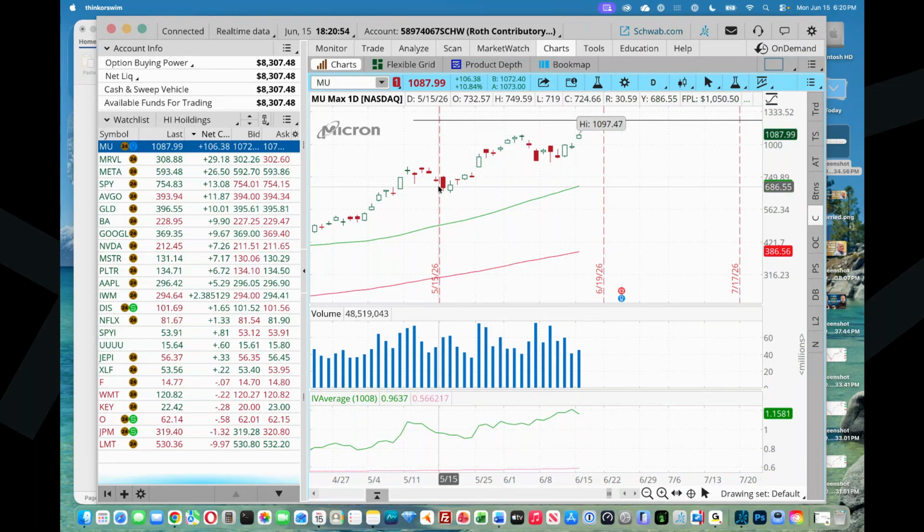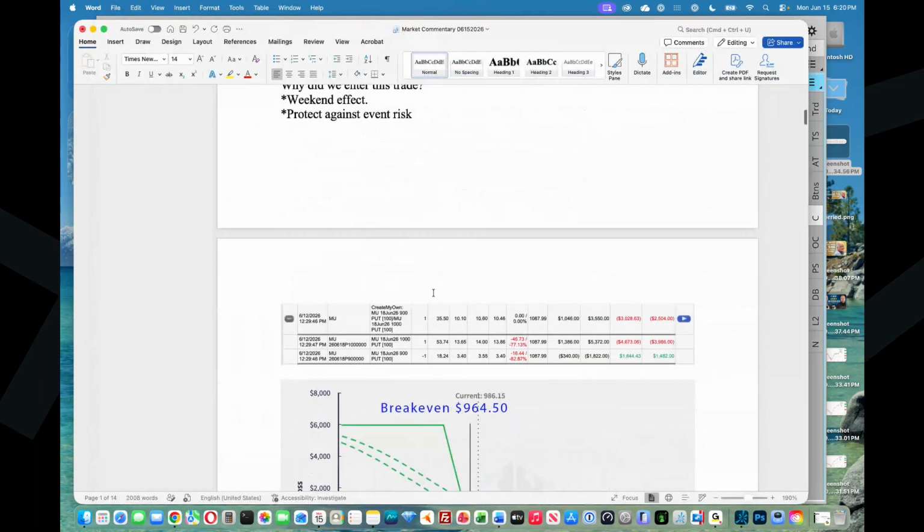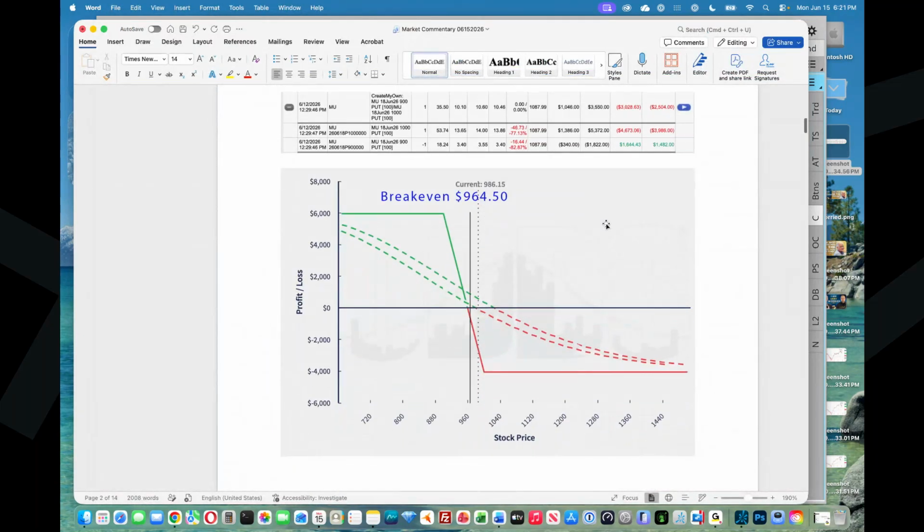I've got this fun little graph here. This is the bear put trade that we did. What I just want to show you is the time decay that we had over the weekend. There are two factors going on here. First, the stock is $100 higher. But when we entered the trade, the stock was trading around $1,000, so everything that we invested was time value.